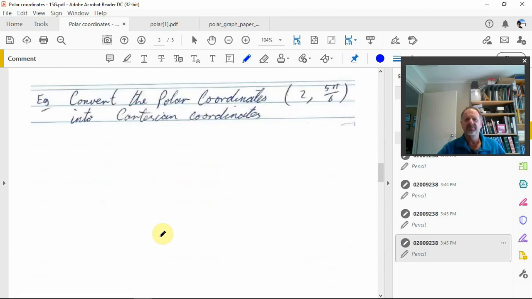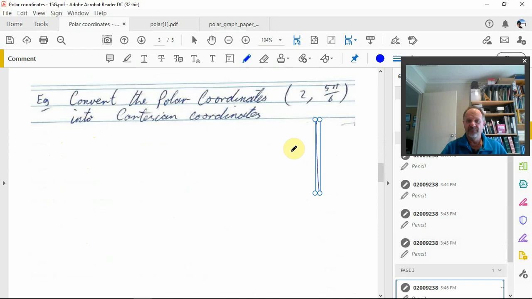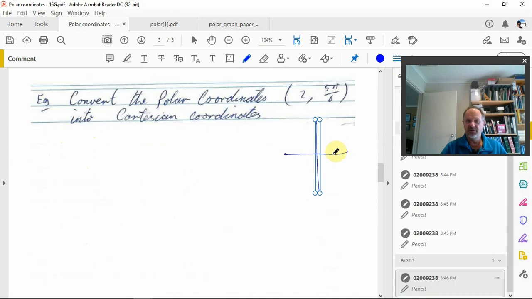It says here, convert the polar coordinates 2 and 5 pi on 6 into Cartesian coordinates. All right, so 5 pi on 6 would be around over here, and that's a radius of 2.